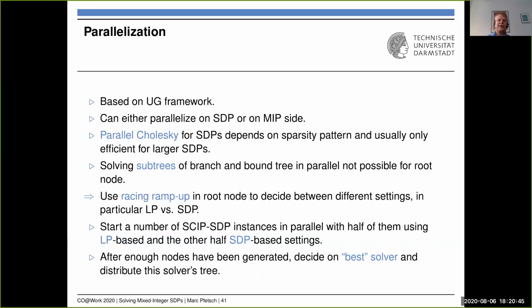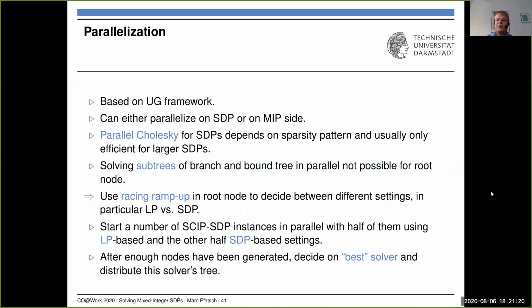Unfortunately, parallel Cholesky decomposition that is needed for solving the SDPs depends on the sparsity pattern, and it is often only successful for larger SDPs. And mixed integer SDPs, to have hope to solve them at all, are usually small. So we don't really benefit from solving the SDPs in parallel. This is why it concentrates on solving the subtrees of the branch and bound tree in parallel.